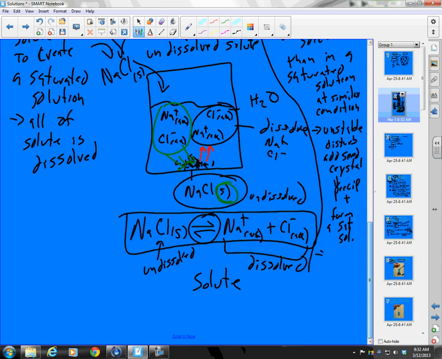So they are tough to make, and quite often I have to heat the solution, add lots of solute, and then carefully cool. And that's how I can make a supersaturated solution.